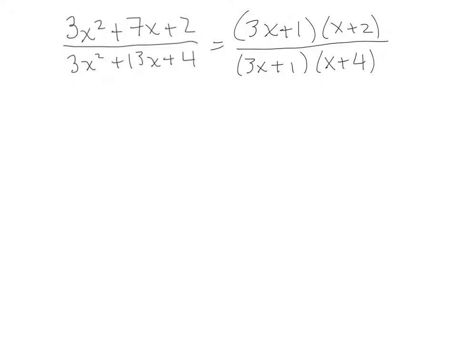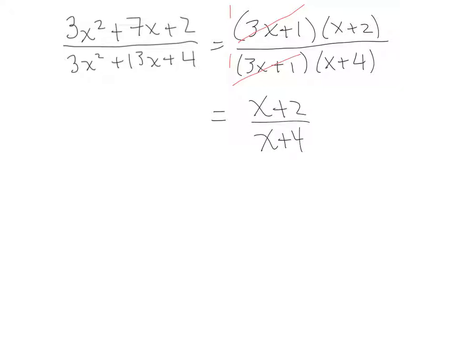So right now, again, we have a clear set of identical factors, 3x plus 1 and 3x plus 1, so that equals 1 over 1, and of course 1 over 1 is just 1, so we're left with our final result of x plus 2 over x plus 4.